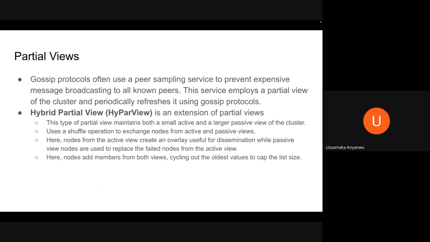So there is the hybrid partial view, an extension of partial view. The hybrid partial view maintains two types of views. There is the active view, where pairs that are very connected, and then there is a passive view where, sorry, I'm trying to gather my thoughts together on this.